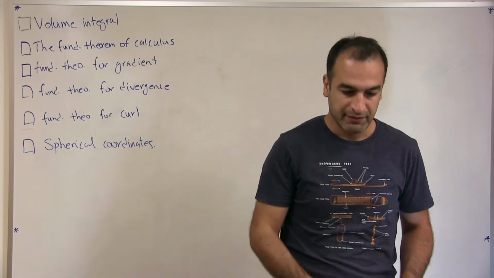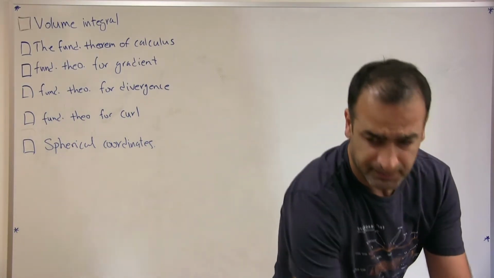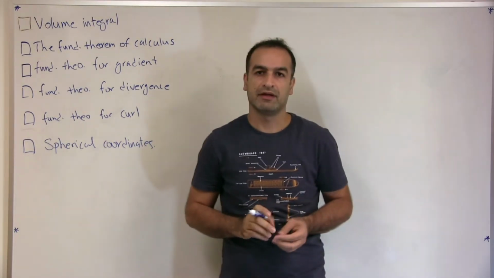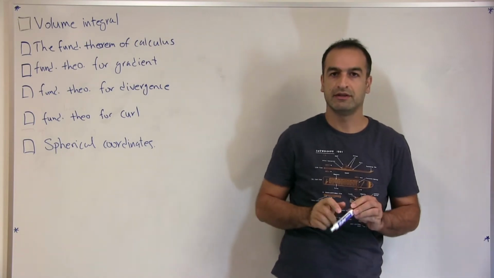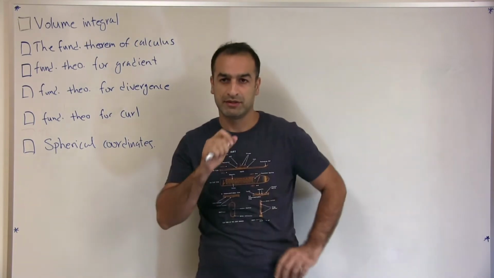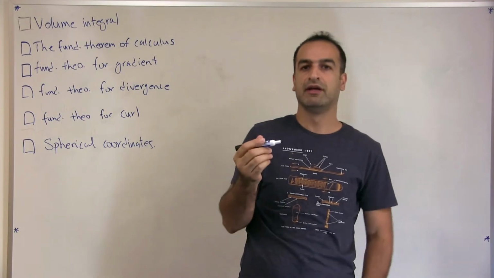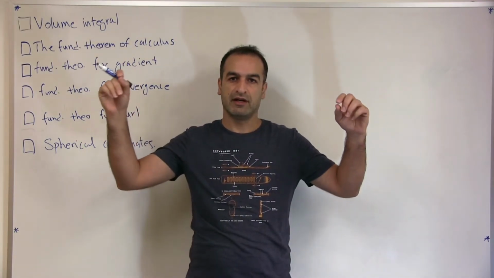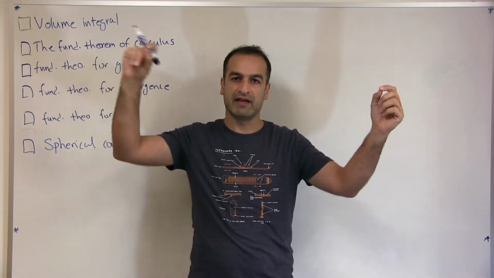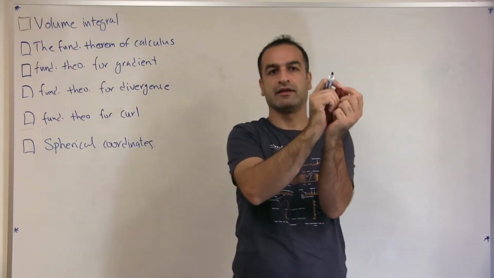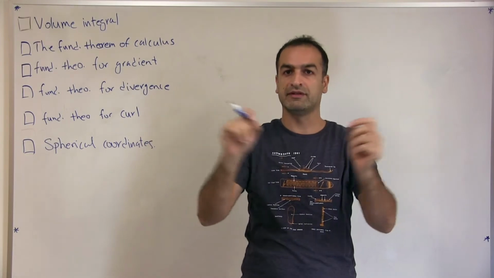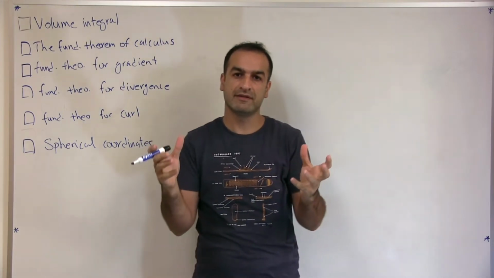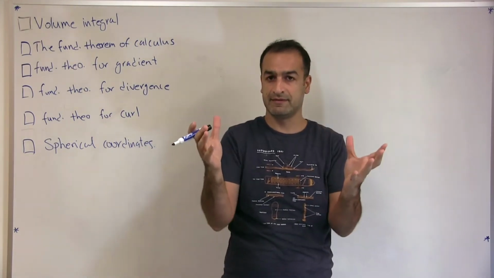First, we start by volume integral. If you remember on Tuesday, we talked about integrals in 3 dimensions and 2 dimensions. We talked about the line integral. For line integral, we have a start point, an end point, and a path, and we can integrate any vector over this path. For the surface integral, what we have is a surface.